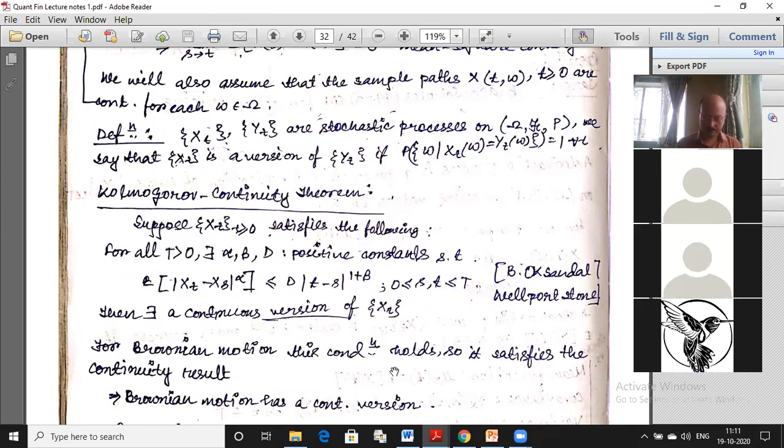Alpha will be 2, so you are looking at the variance, and beta will be 0, and D will be what? 1. Okay, for the standard normal, this will be 1. All right.